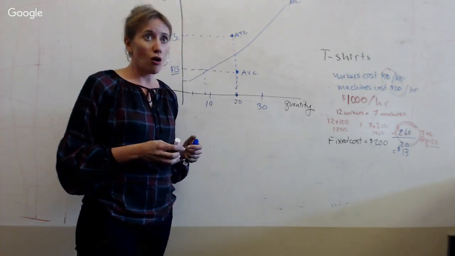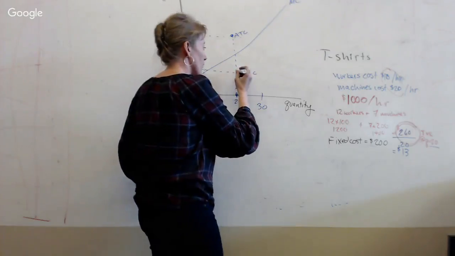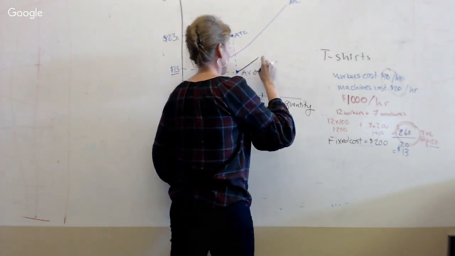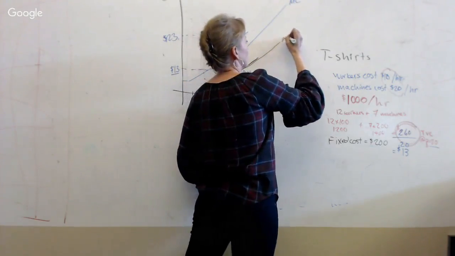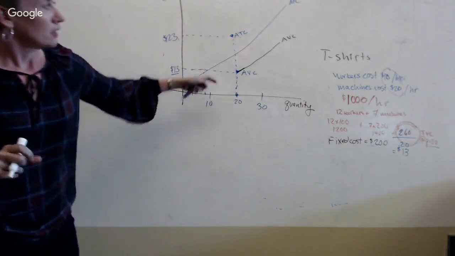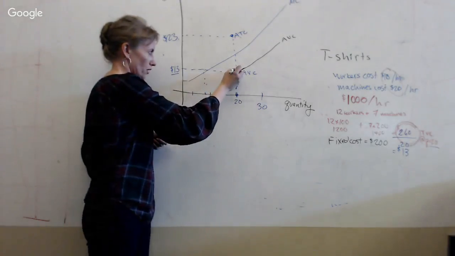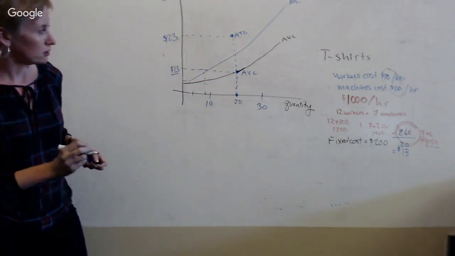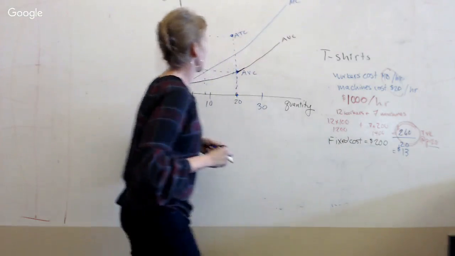So we know that our average variable costs have to increase forever after, and our marginal cost is going to be greater than our average variable cost. So if we produce some quantity lower, our average variable cost will be lower. So here's our average variable cost curve.